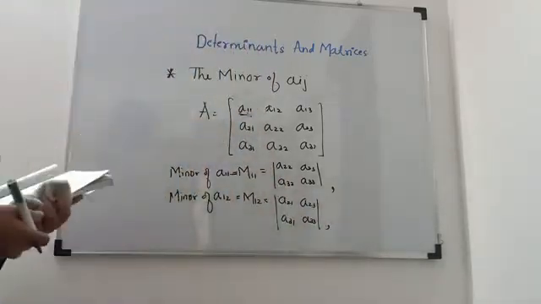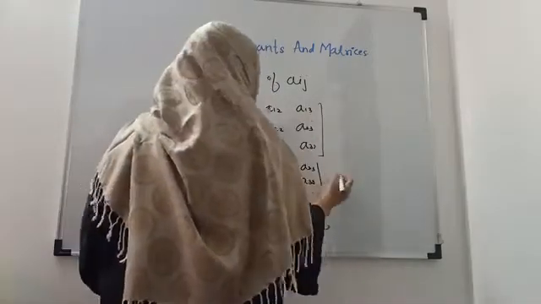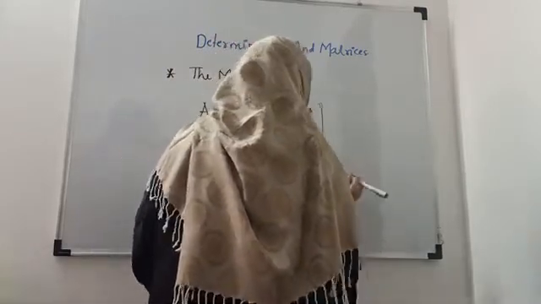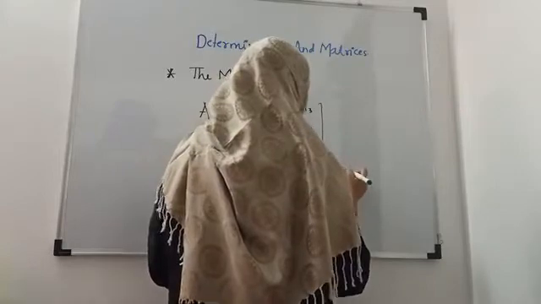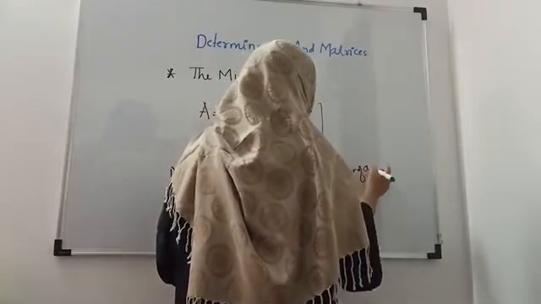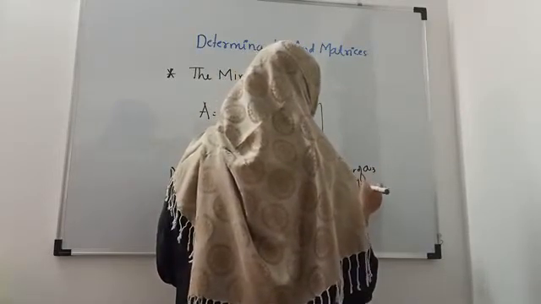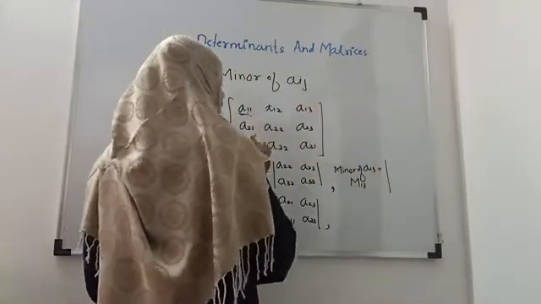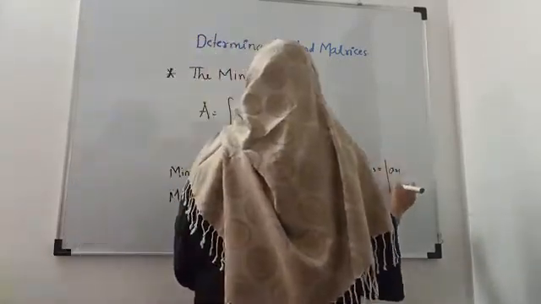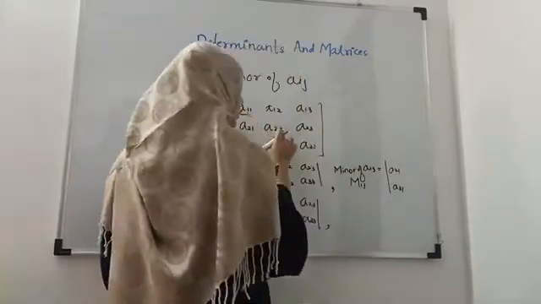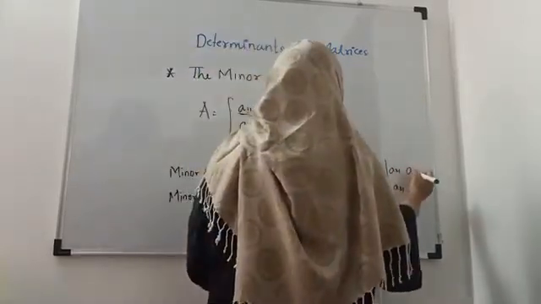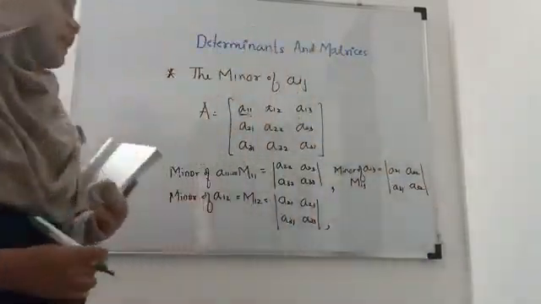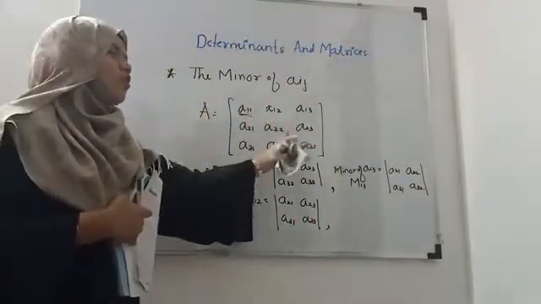Similarly, what will be the minor of A13, that is M13? This row and column get cancelled, leaving A21, A31, A22, A32. Likewise you can calculate the minor of each element.